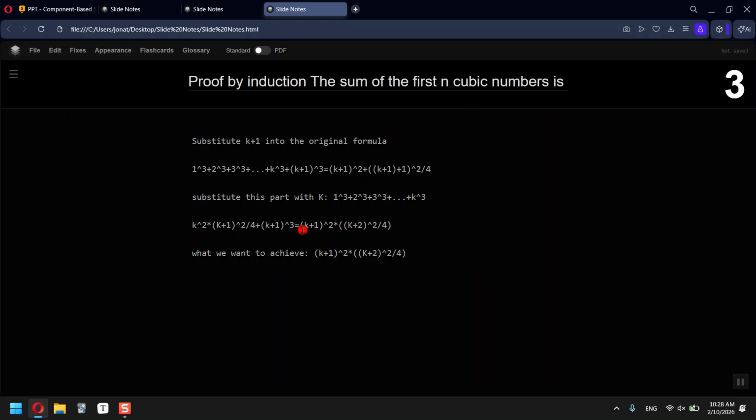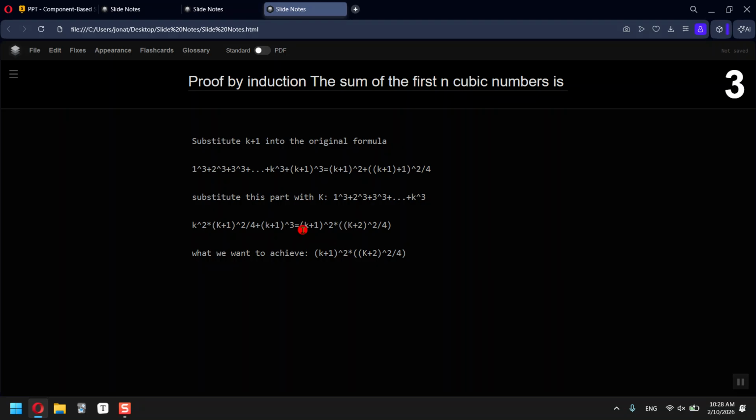So we have (k plus 1) squared times (k plus 2) squared. With this logic, we have proven that it's true for every element.